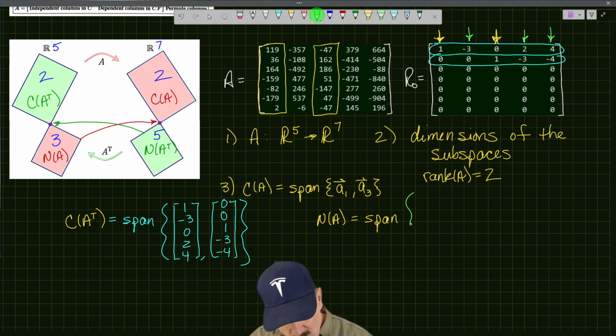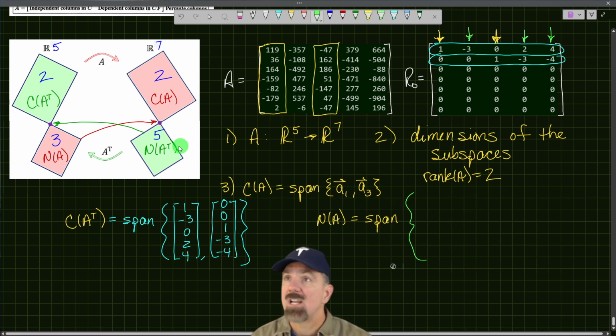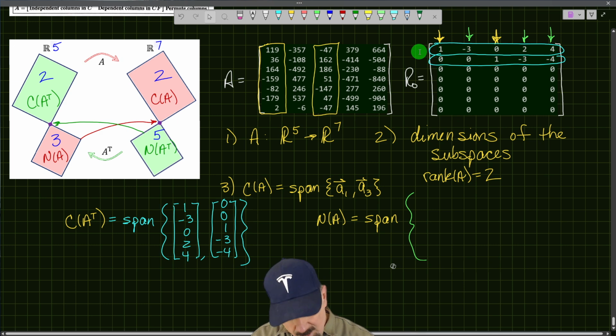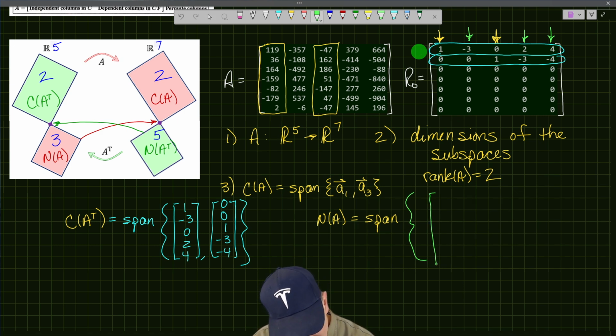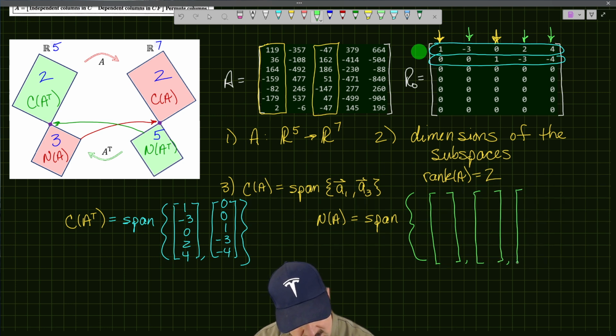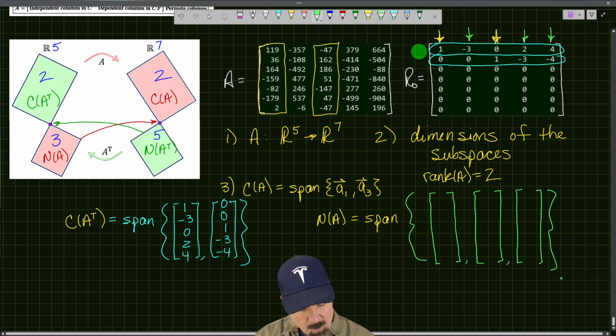What we have is vectors that live in R5. We see that over here. The null space is on the input side. And so we have 3 vectors from R5. And I'm just going to write them down in a general form just to show you how we're going to determine these in a systematic way that follows along with what Strang does.